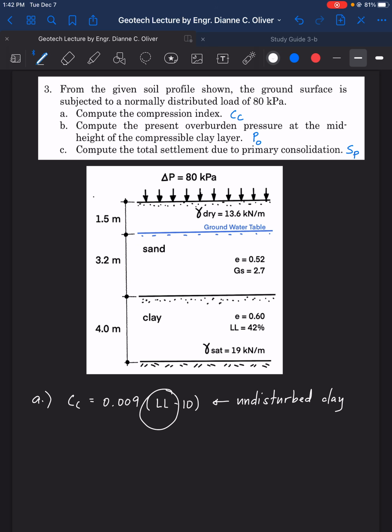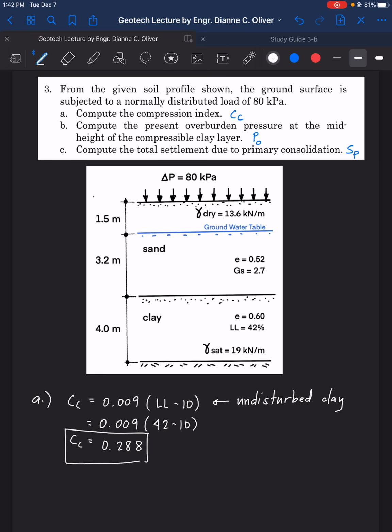The liquid limit will be taken from the clay layer. In our figure, our clay layer has a liquid limit of 42%. So we have 0.009 times 42 minus 10. So C sub C is now equal to 0.288. So the compression index is equal to 0.288.